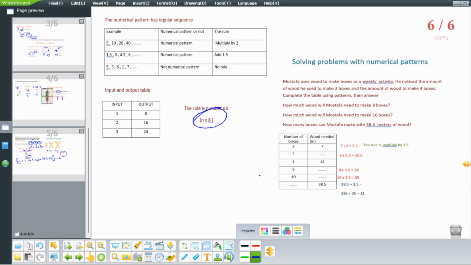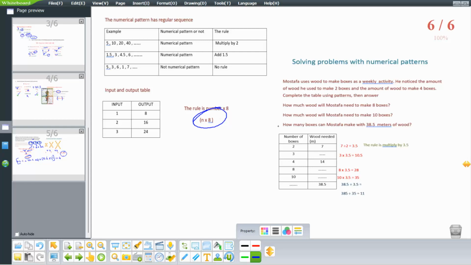Complete the table using the pattern. Then answer: How much wood will Mustafa need to make 8 boxes? How much wood will Mustafa need to make 10 boxes? How many boxes can Mustafa make with 38.5 meters of wood?